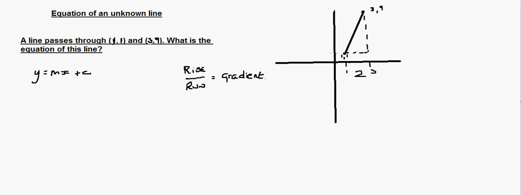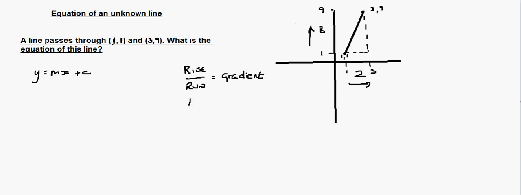Now on my y-axis, this is 1, and it goes up to 9. Okay, so it goes from 1 to 9. So it's gone up from 1 to 9 would be 8. So I have a rise of 8 and a run of 2.